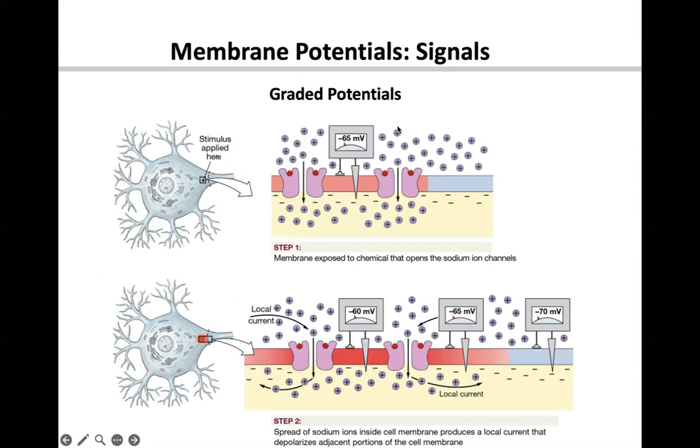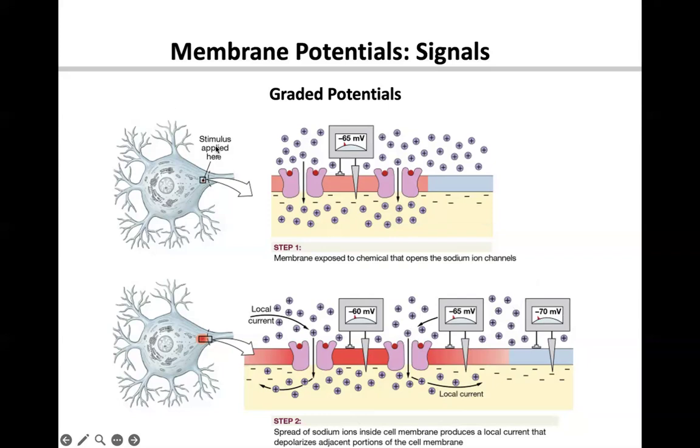Some of the sodium ions have moved in, but another stimulus would have to come for more sodium to come in, and it does not happen. As such, the sodium ions either go back through the leak channels to the extracellular fluid, or potassium ions leak out. As a result, the membrane potential comes back to negative 70 millivolts.